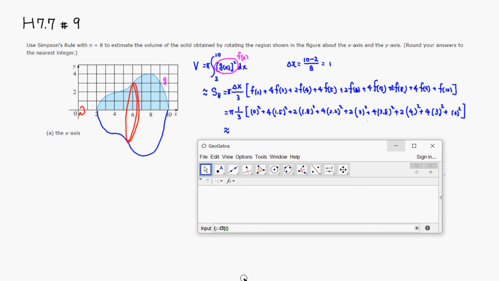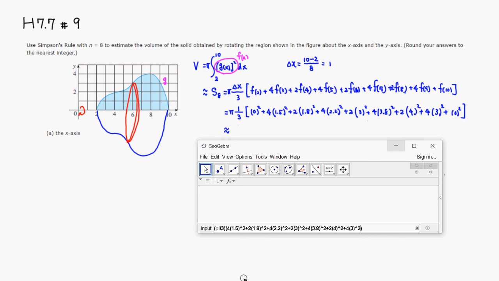Then you have 0 squared, plus 4 times 1.5 squared plus 2 times 1.8 squared, plus 4 times 2.2 squared plus 2 times 3 squared plus 4 times 3.8 squared plus 2 times 4 squared plus 4 times 3 squared, and then plus 0.